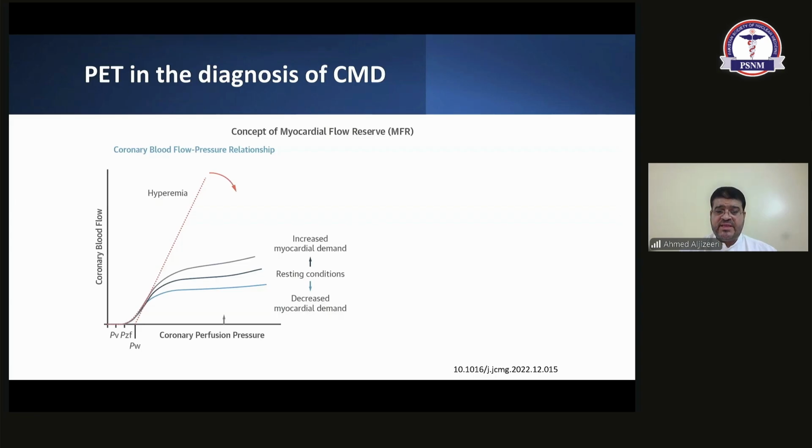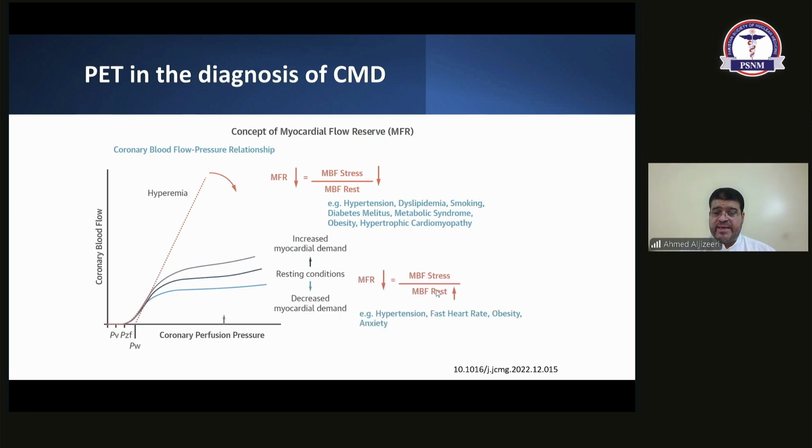So this is the graph that we've seen earlier, but remember that myocardial blood flow reserve, which is the marker of microvascular dysfunction, can be decreased because of the decreased hyperemic or stress myocardial blood flow. And this happens in hypertension, dyslipidemia, smoking, diabetes, metabolic obesity, and hypertrophic cardiomyopathy.